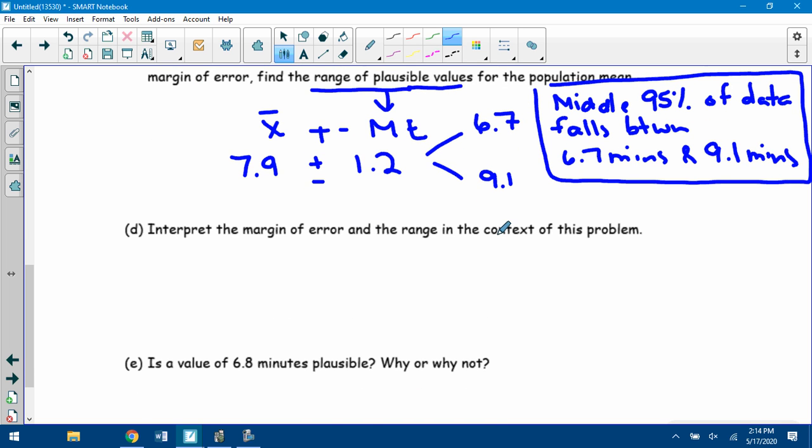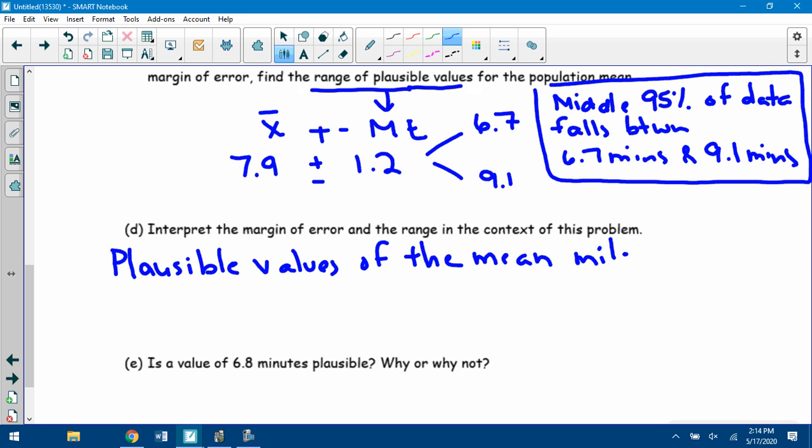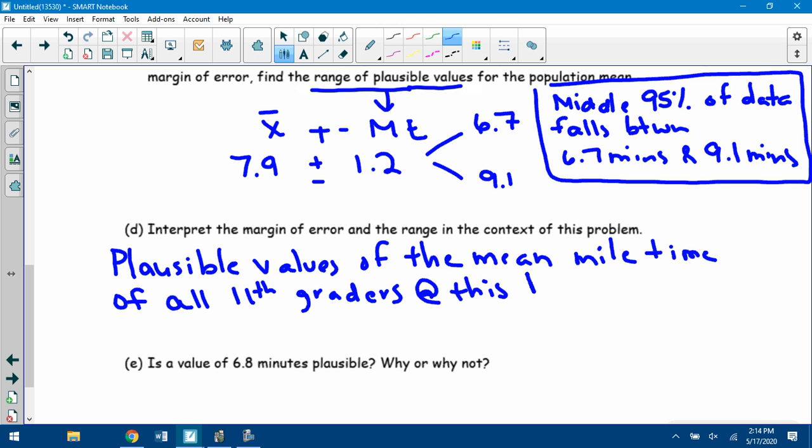So what this would tell us is the plausible values of the mean mile time of all students, or I should say of all 11th graders at this high school is between 6.7 and 9.1 minutes.